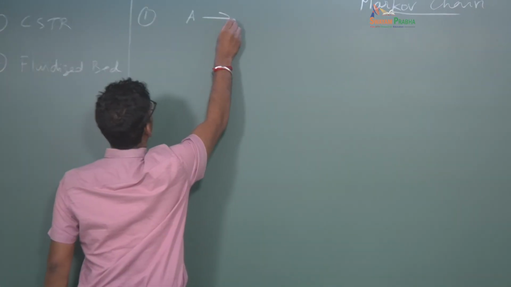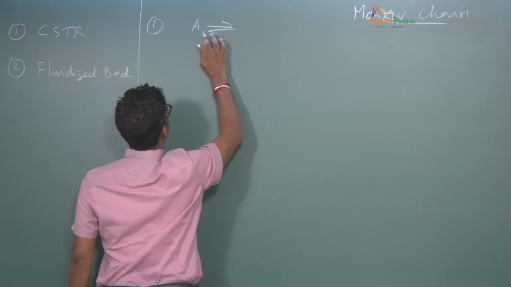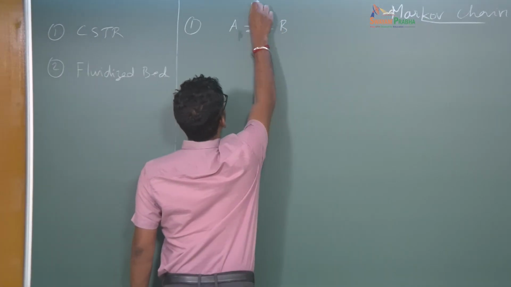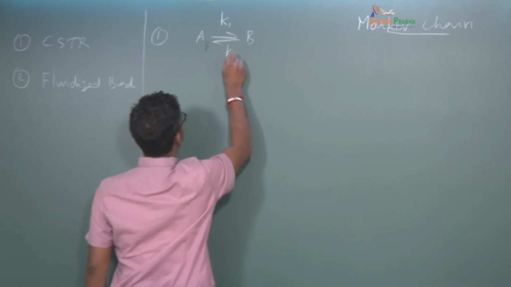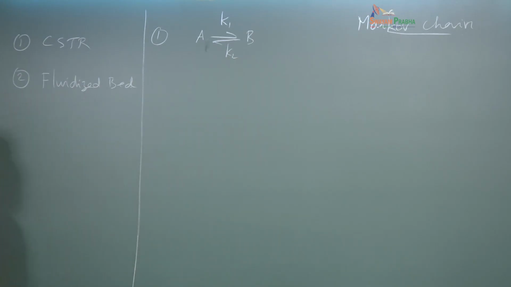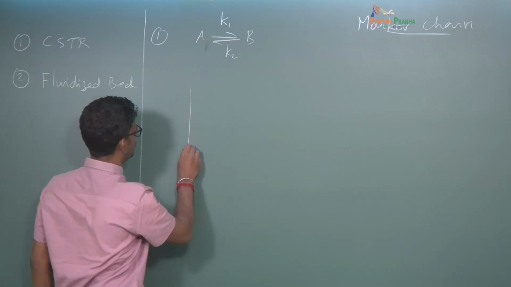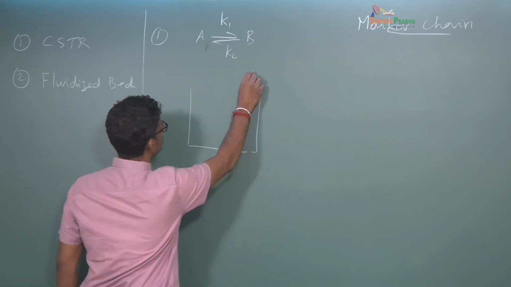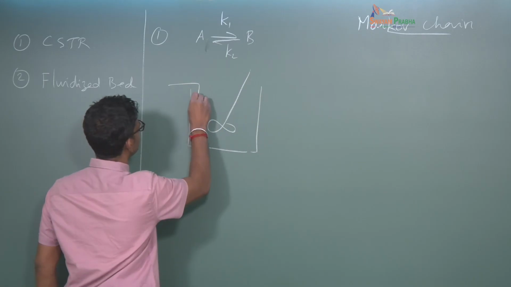So the first problem is, let's say you have a reaction A going to B reversibly, with a rate constant K1 and K2. So you have a CSTR.